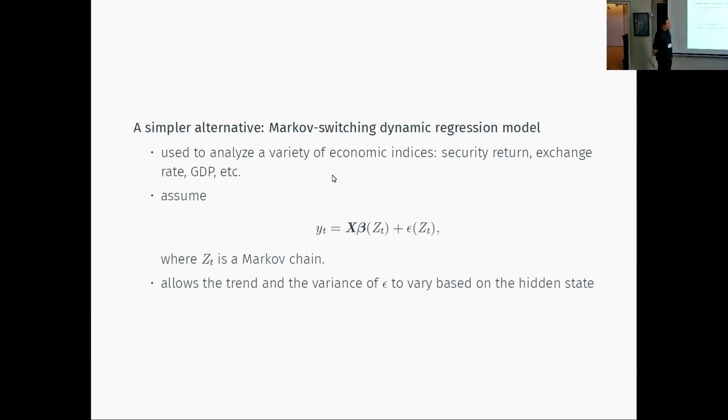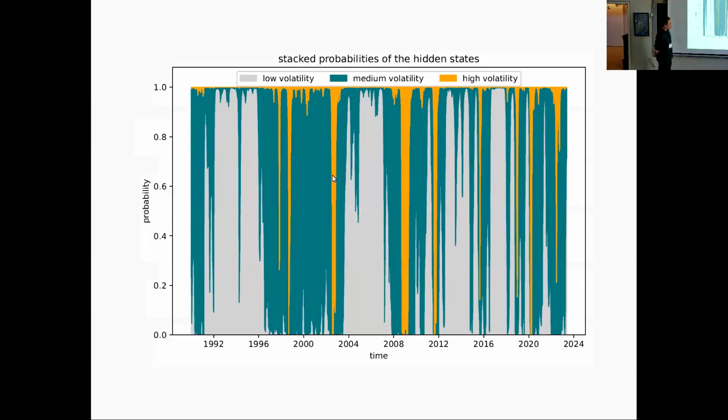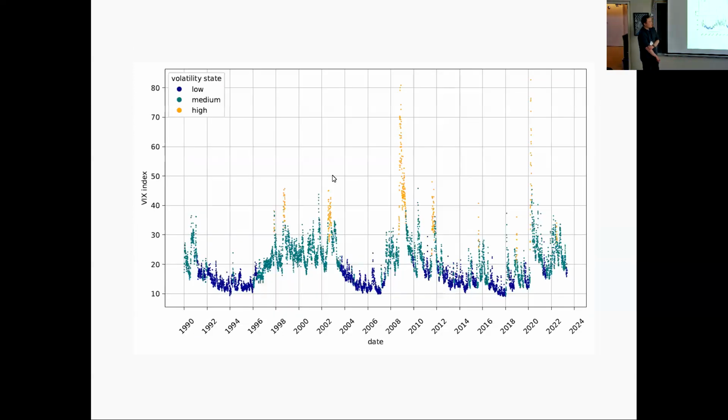And if we apply this to weekly index return, we have this plot. And again, the y-axis is probability, and we see when there's a market crash, it's likely to be in high volatility, and that's the most likely state, for the Standard & Poor's 500 index.